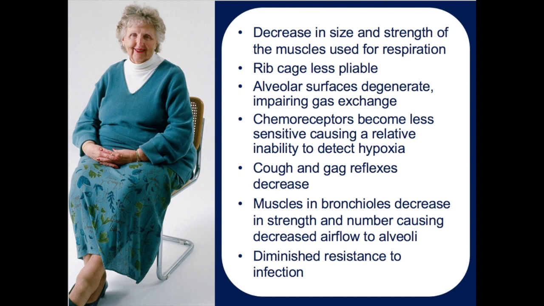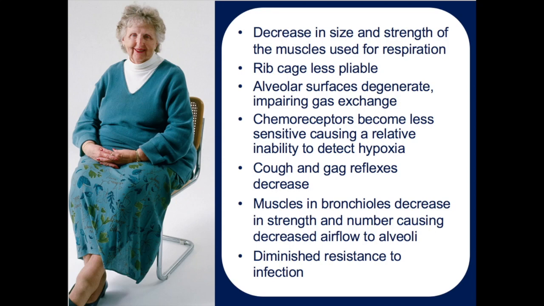So as a general rule, the muscles used for respiration decrease in size and strength over time. And then on top of that, calcium deposits begin to form over time on the costal cartilage. And the costal cartilage, remember, is the cartilage in front of the rib cage where the ribs join the sternum.